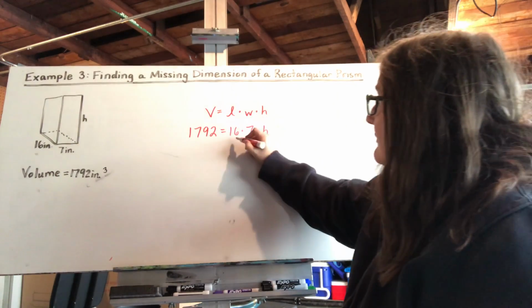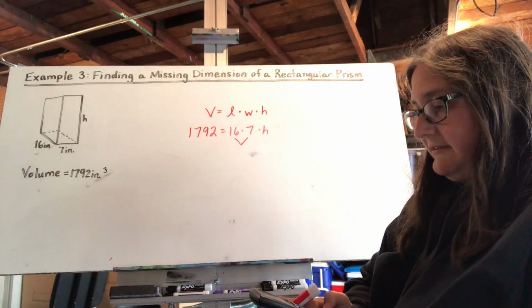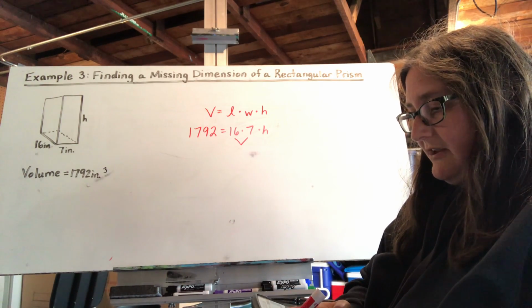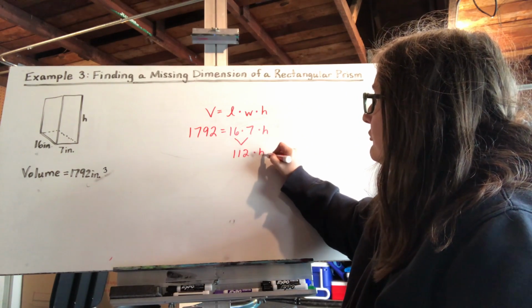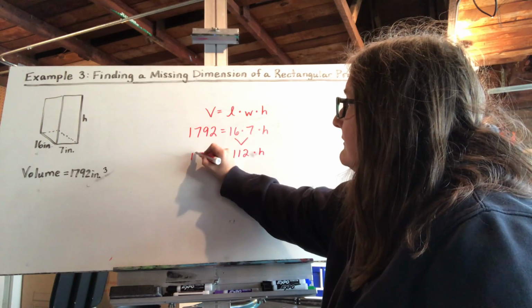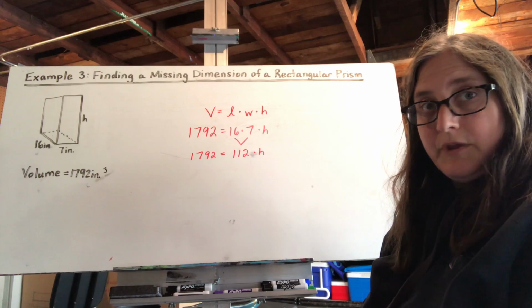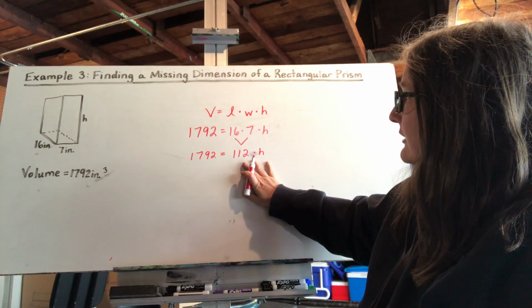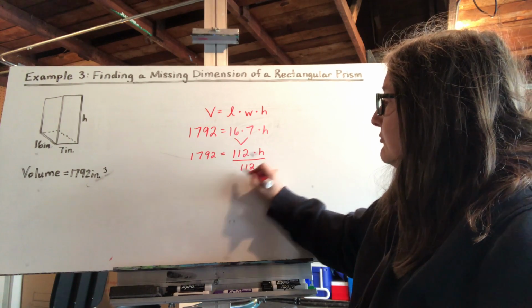So what I'm going to do is I'm first going to multiply 16 times 7 and figure out what that is. 16 times 7, those two I can combine and I get 112. So 112 times h is giving us a volume of 1,792. So in order to solve for h, my variable here, I'm going to divide each side by 112.